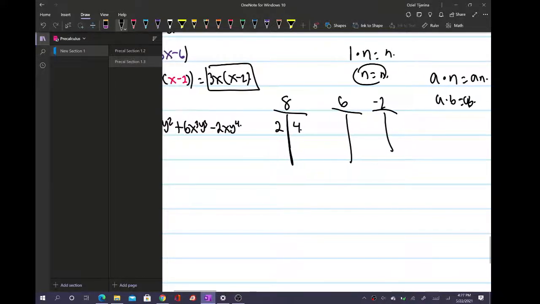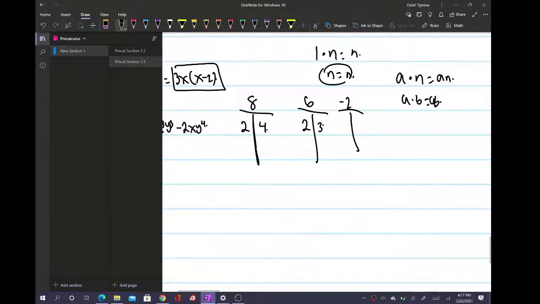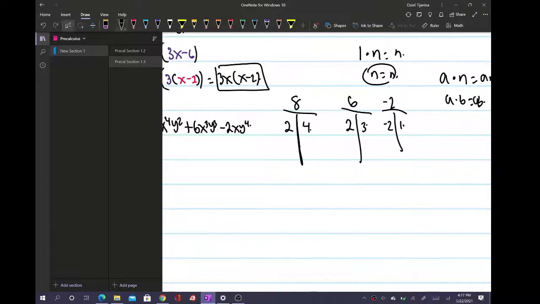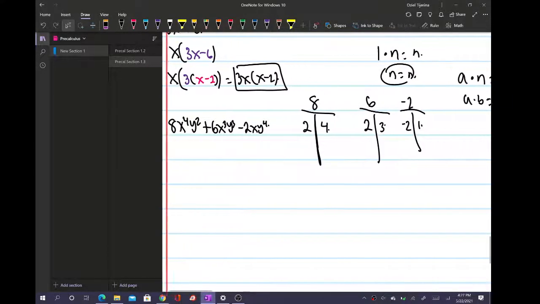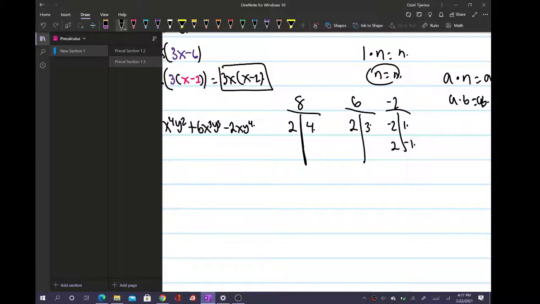Anything, right? So then I look at 6, and I say, okay, well, there's 2 times 3. And then I look at -2, and all there is with this one is -2 and 1, or I can say 2 and -1, right?